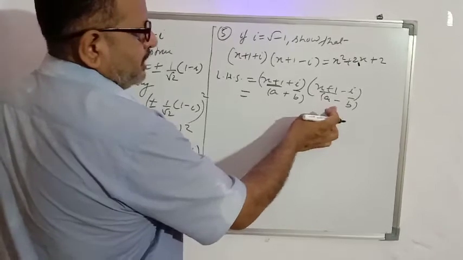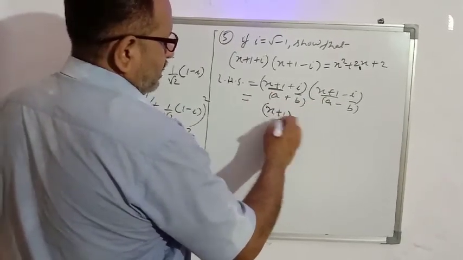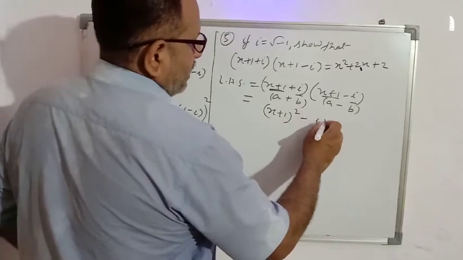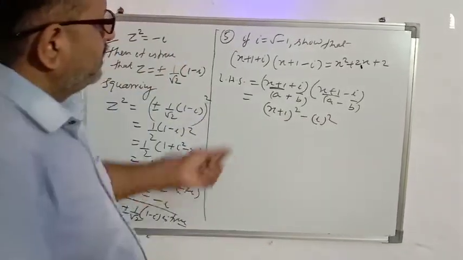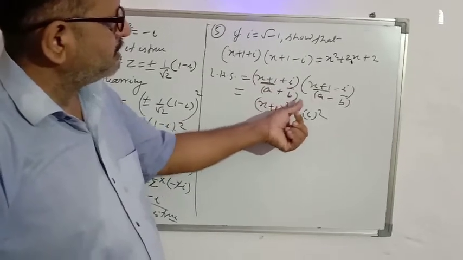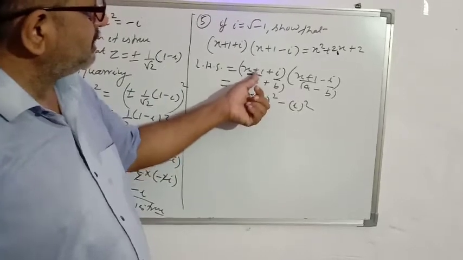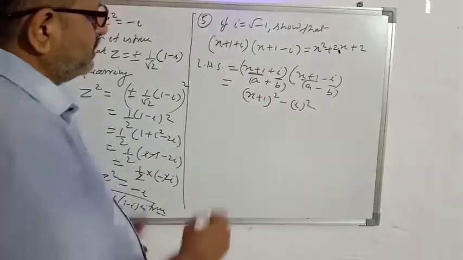We know that a plus b into a minus b is a square minus b square. So we can write x plus 1 whole square minus i square. Product will be a square, a square means x plus 1 square, minus b square.